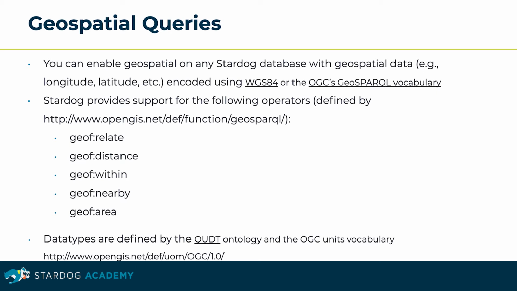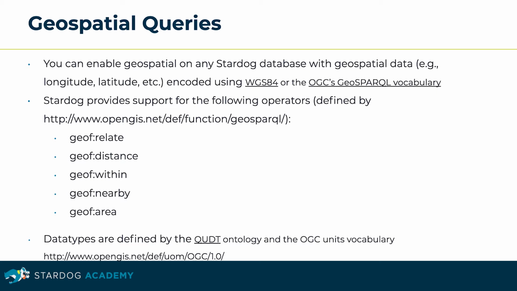In order to enable geospatial on a Stardog database, please set the database option spatial.enabled equals true when creating your database. In addition, Stardog provides support for several operators, including relate, distance, within, nearby, and area.